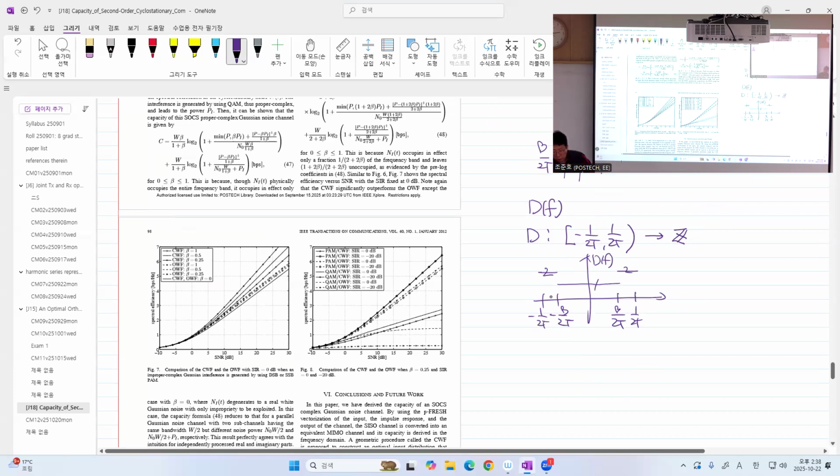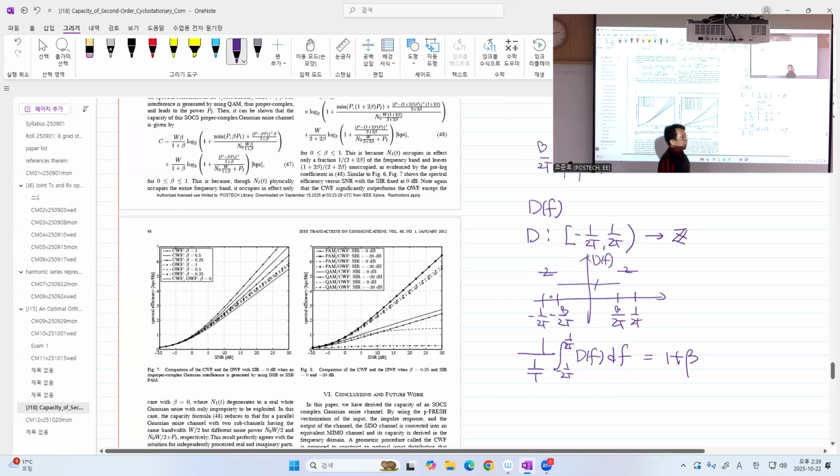Now, let's calculate the average value of this one. So what you do is integrate and divide by the length. What do you guess? You have exactly 1 plus beta.